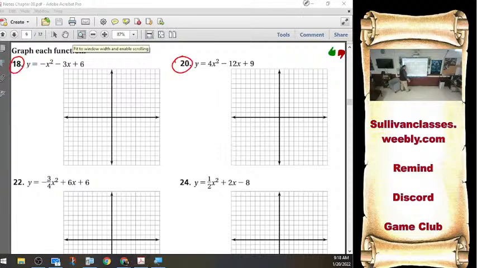One of them has a stretch or compression, the other does not. I would like you to graph those two. Try to use the negative b over 2a business to find your vertex and then perfect square steps from there. You can always confirm it with the calculator, that's fine. But I want to make sure that you can do it that way.